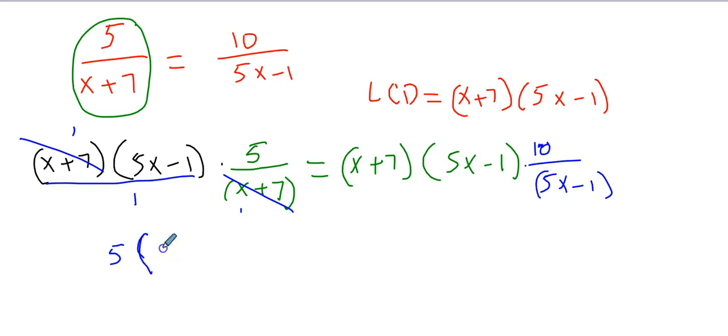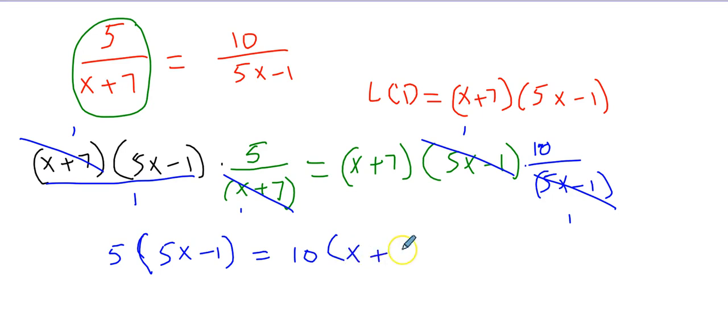So 5 times 5x minus 1 is equal to, on my right hand side we have 5x minus 1 on the top, that is numerator, and 5x minus 1 in the denominator, cancelled one time, leaving behind 10 times x plus 7.